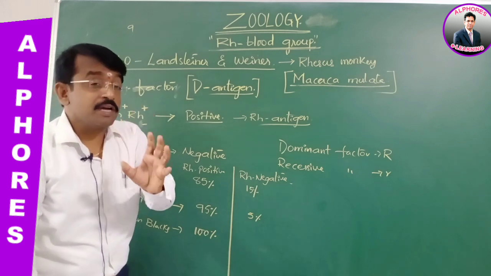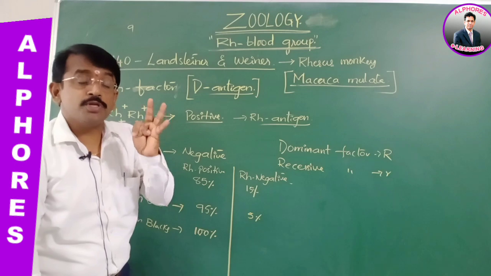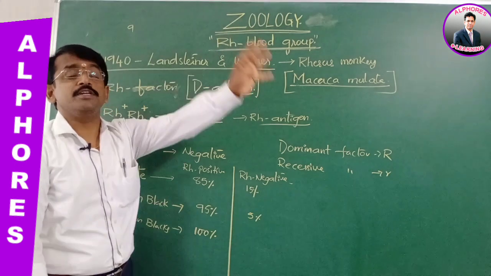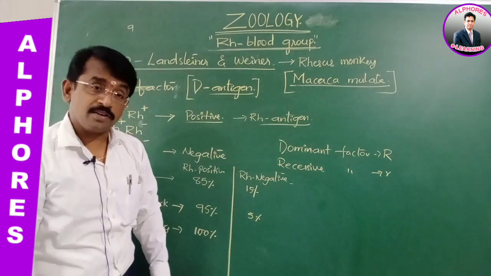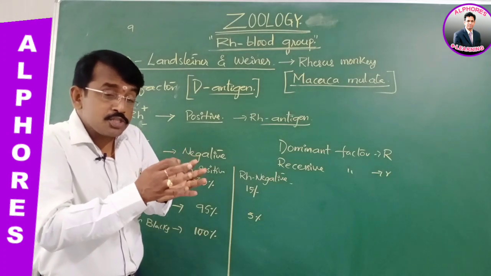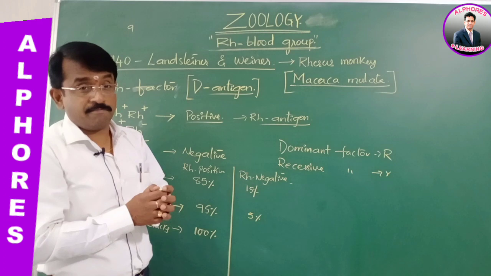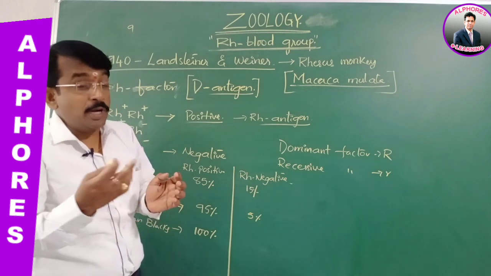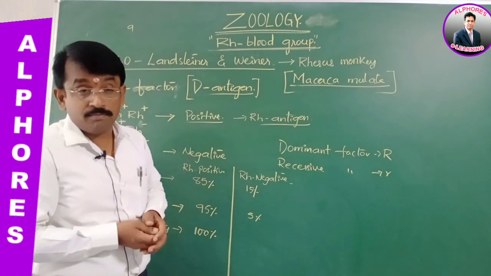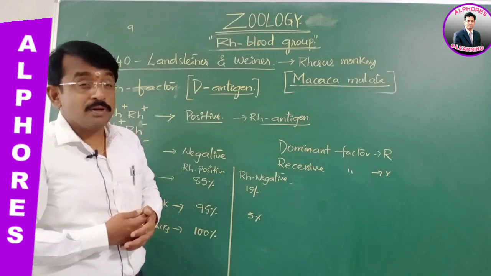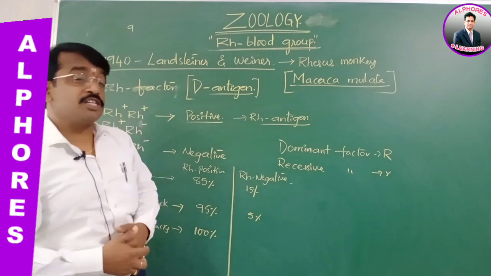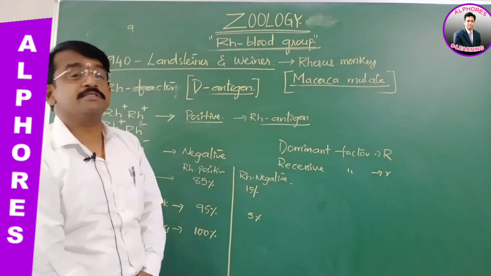But during blood transfusion and pregnancy, the blood must be tested. The donor should be negative, since donating blood is required more. So what consideration is to be made? That is the recipient.